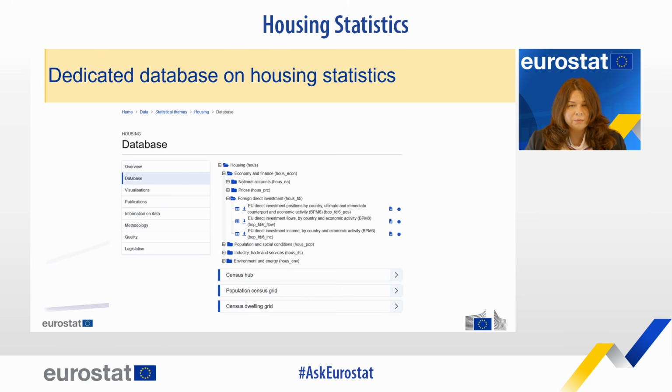I think one of the most important and interesting parts is actually the data on housing. When we push this button, we can have direct access, first of all, to the Eurostat online database, where there is a special tab called Housing, but we also have access to Census Hub, Population Census Grid, and Census Dwelling Grid.